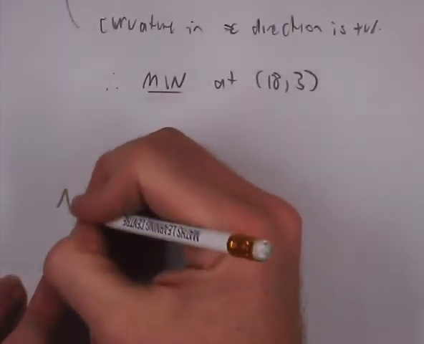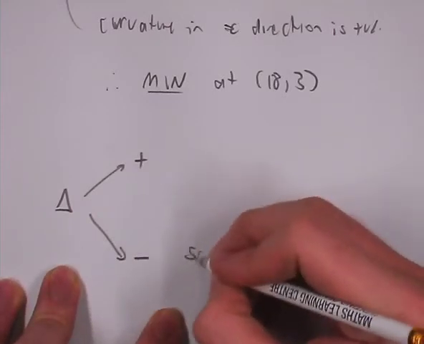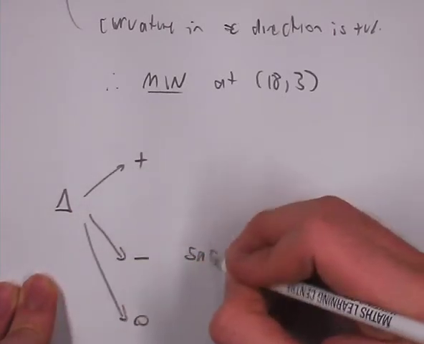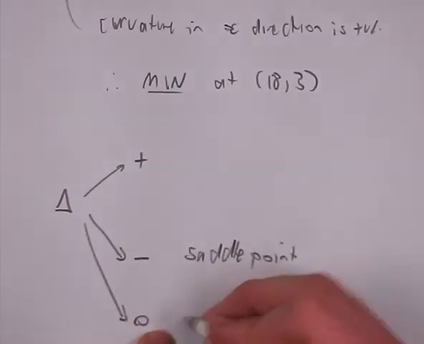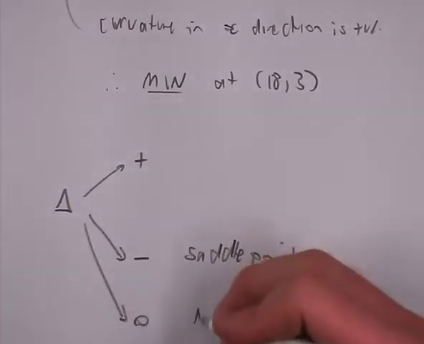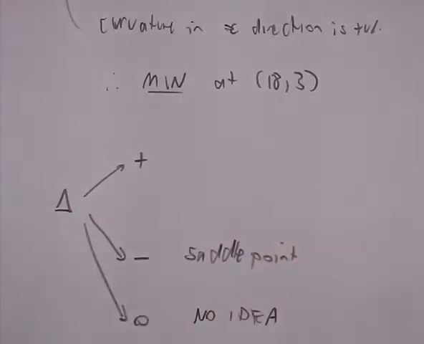So we calculate the discriminant, and it either comes out as positive or negative. If it comes out as negative, that's a saddle point. If it comes out as 0, this tells you nothing. They won't give you that, and if they do, you'll say, we do not know, because they haven't given you any other way of telling whether it's a maximum or a minimum.